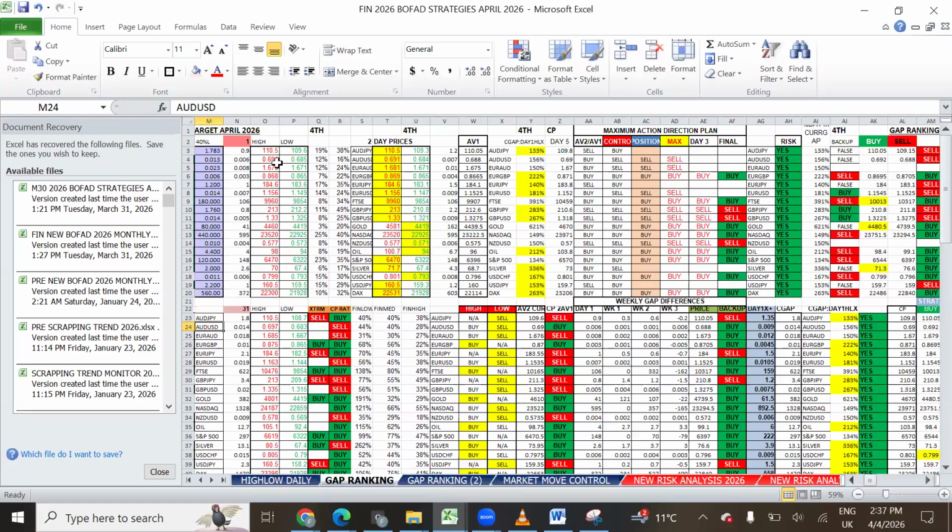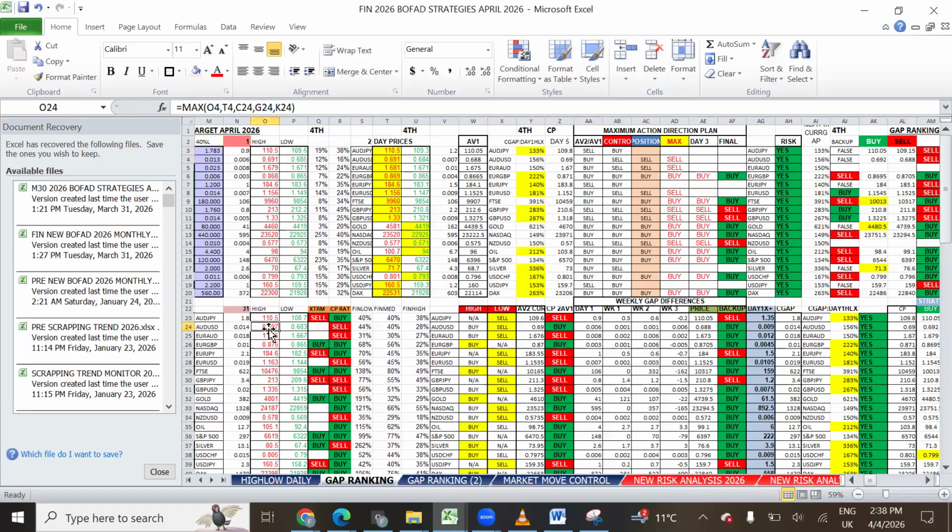So here we have 0.691, 0.685. Here we have 0.691, 0.684. So you can see that 0.684 is lower than 0.685. So in this instance, the low changed first, coming down. Then after coming down, it went back up to 0.685, back to 0.691, and then back to 0.697.